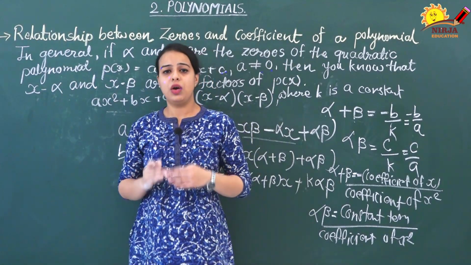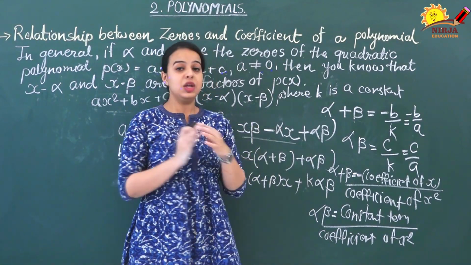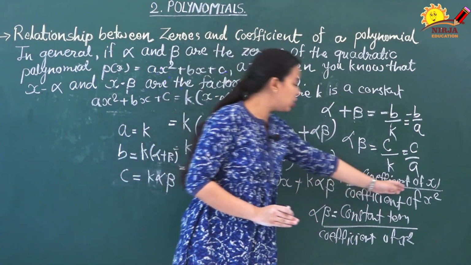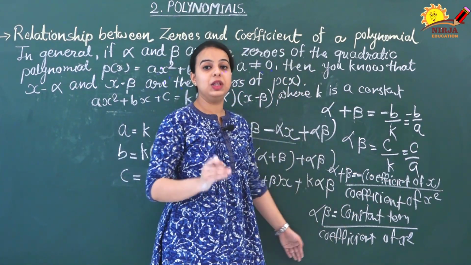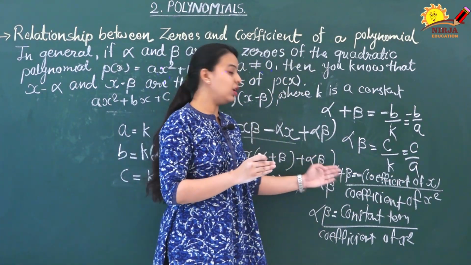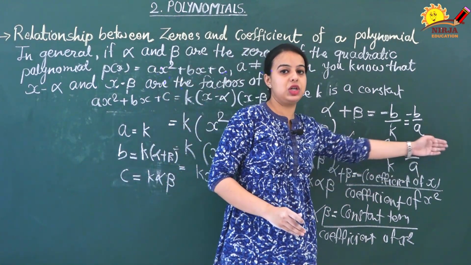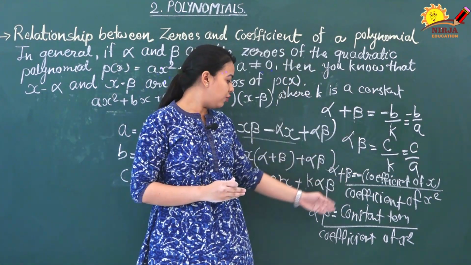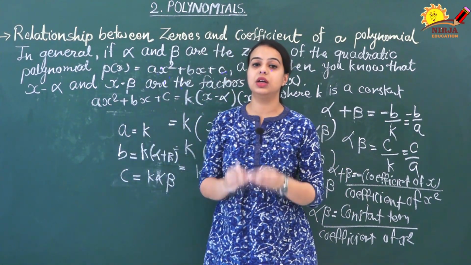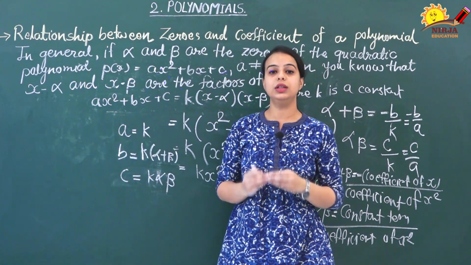So if you want to remember it very clearly, you can conclude that the coefficient of x square will remain the same in the denominator for addition and multiplication both. But for addition you need to write the coefficient of x in the numerator, and for multiplication you need to write the constant term in the numerator.